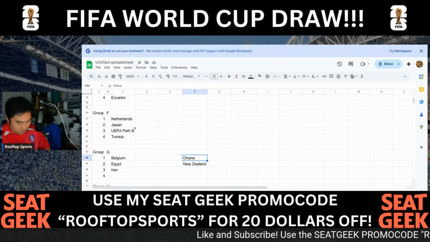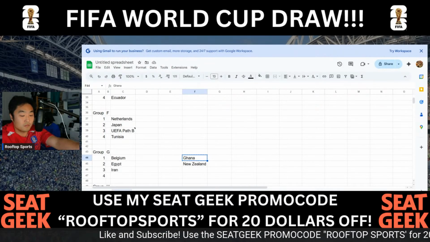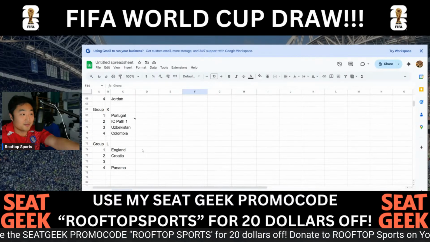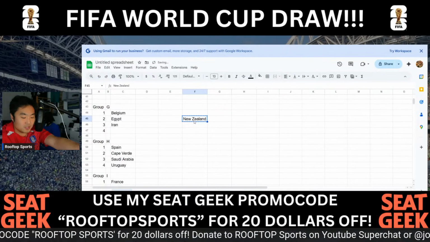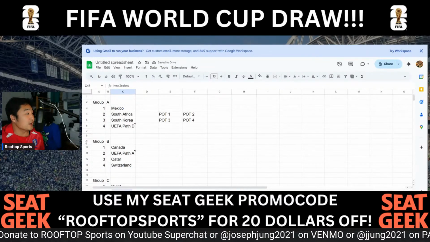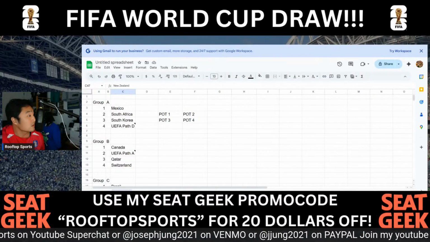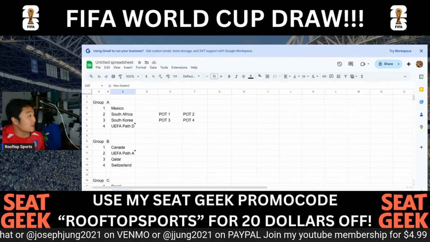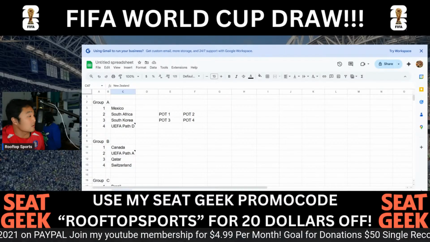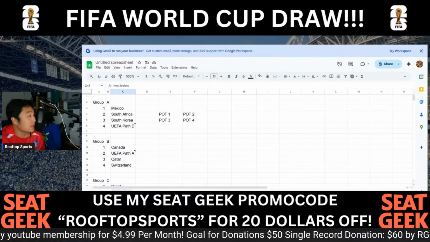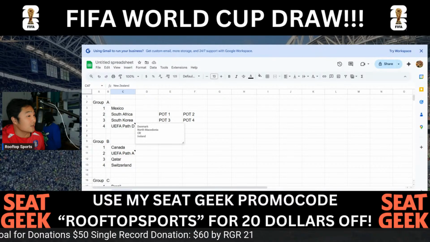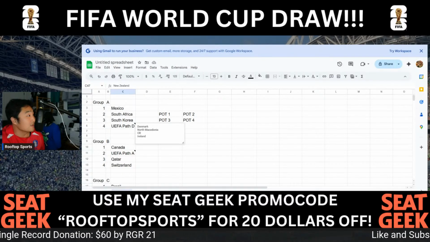So Ghana is going to go to Group L. And that means New Zealand will be going to Group G. So that means South Korea will be playing against the European team of Denmark, North Macedonia, Czech Republic, or Ireland.